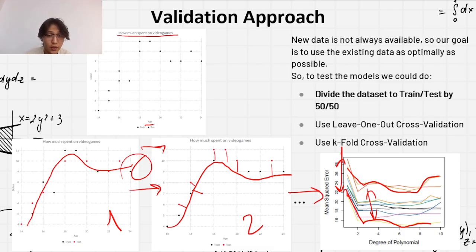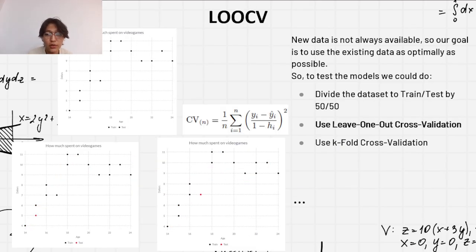This is not good. So in order to fix that, we may use leave one out cross validation. So we see here that we only use one data point as our testing set, and the others are just training sets. How do we do so? As in the previous example, we do it several times. In this case, we do it approximately n times.